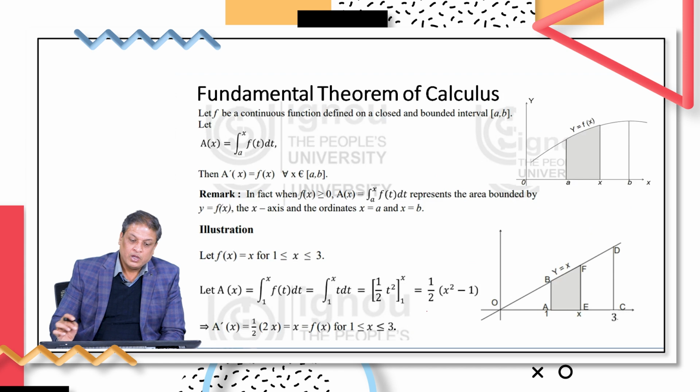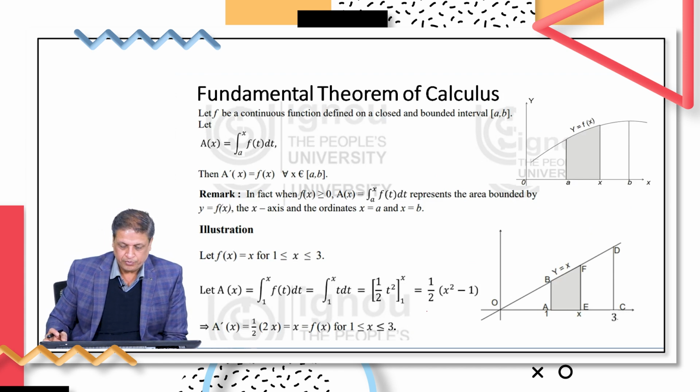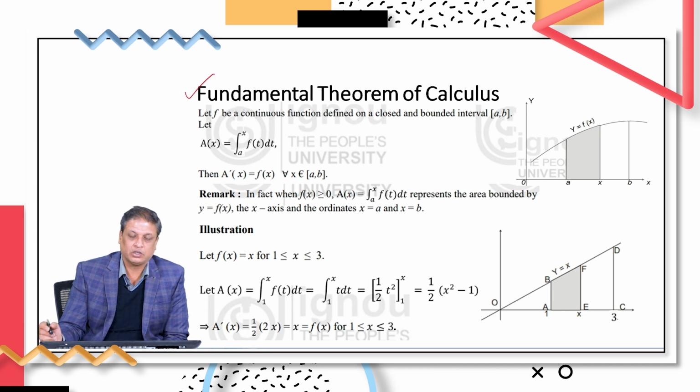material also. There is an important theorem in order to understand the area under the curve and all other things for the definite integrals, and this theorem is nothing but the fundamental theorem of calculus.